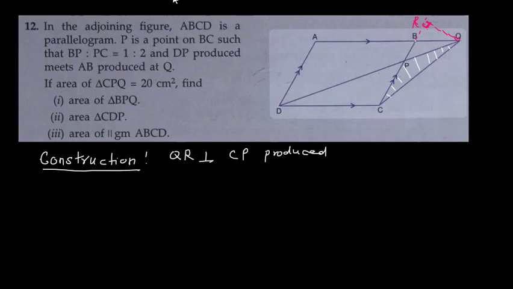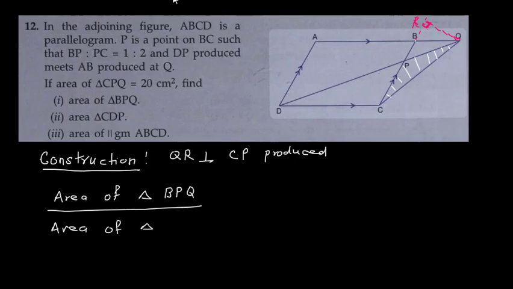Here BP upon PC is there. So I will say that area of triangle BPQ, this is what I have to find out, divided by area of triangle CPQ.